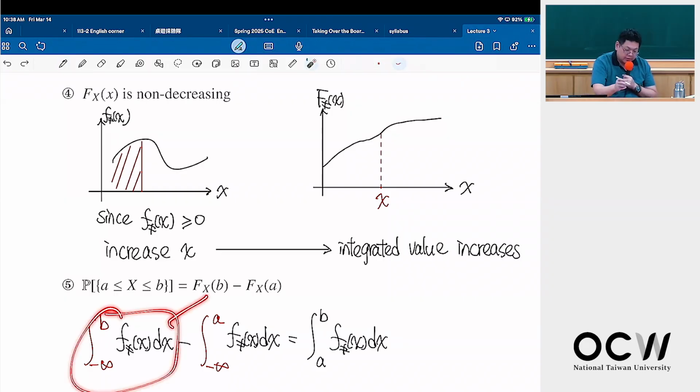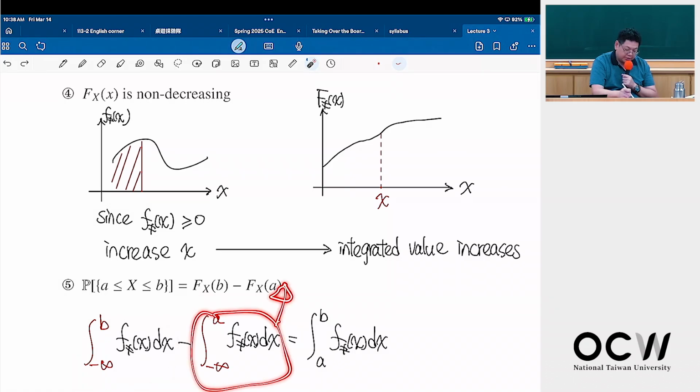This is the CDF of B, and here is the CDF of A.